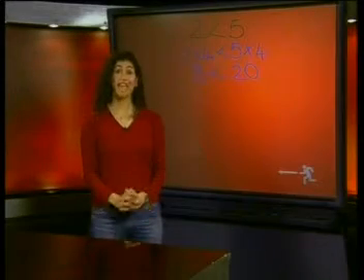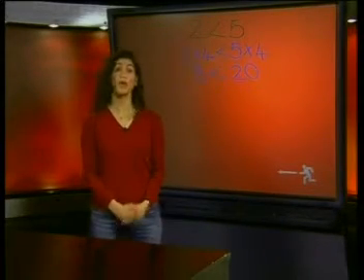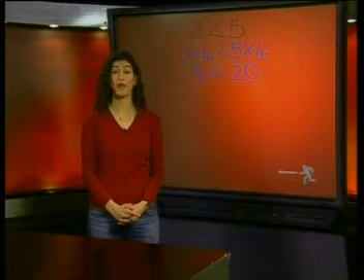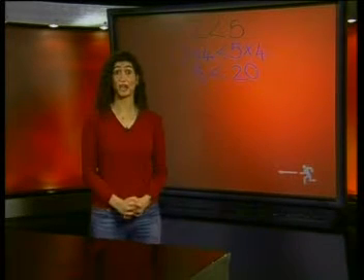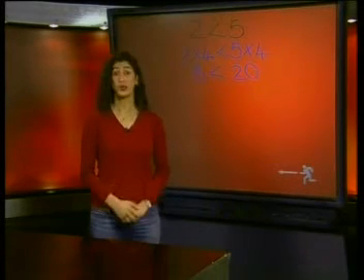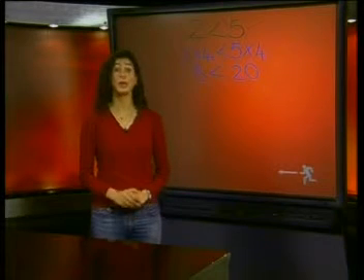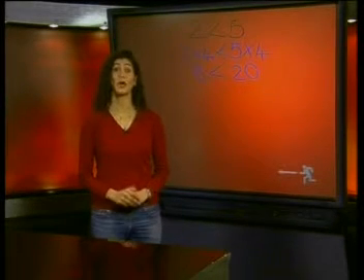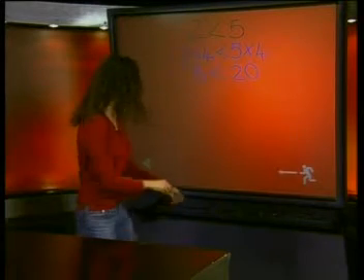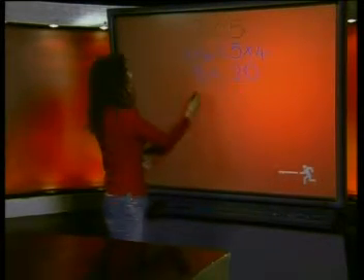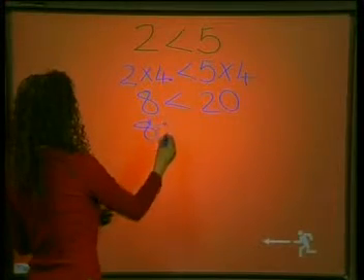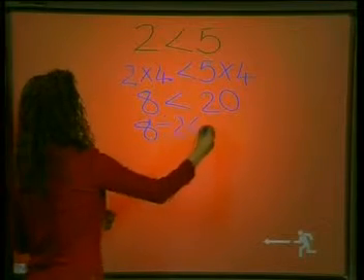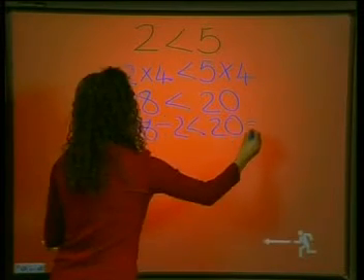So far, we have added, subtracted, or multiplied by a positive number on both sides of the inequality, and they have remained true. What happens when we divide both sides of the inequality by 2? Let's see. So we have 8 divided by 2 is less than 20 divided by 2.